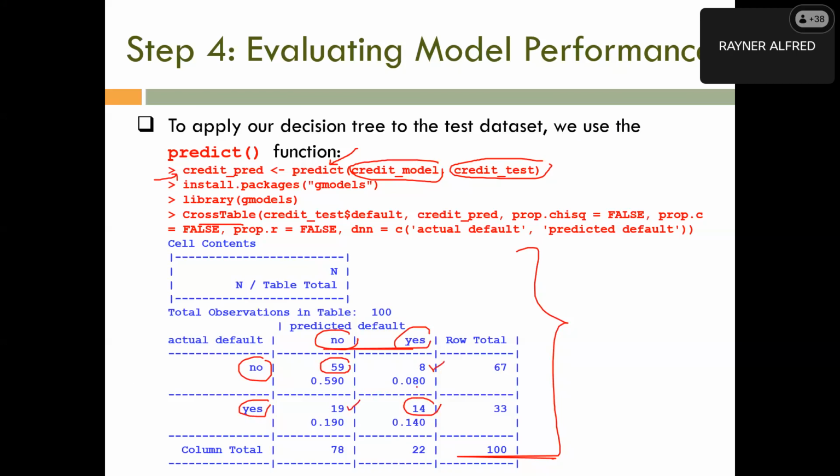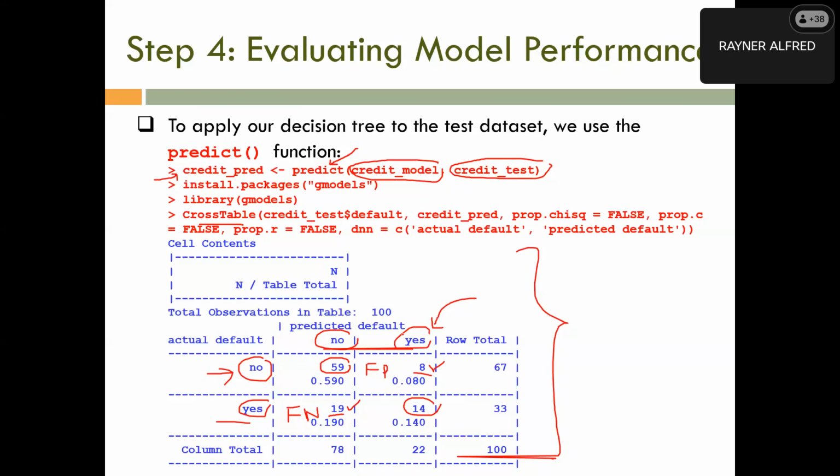This is the error because this is the actual class label, yes, but they are predicted as no. So this is false negative. For this one, this is the actual class, but this is the predicted one. So no, and this is yes. So this is false positive.